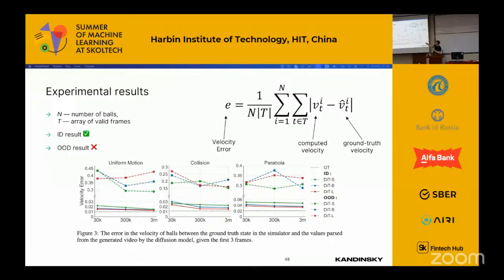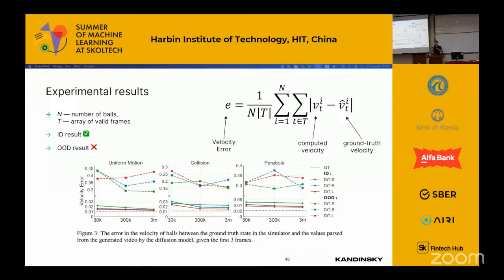What does it mean, loss? It's very simple. Your model is trained to generate videos. After generation, you can measure the speed of the balls, the speed of the objects. And you measure the average error, I mean, just by module, L1 error of the original velocity and the predicted velocity after the generation.